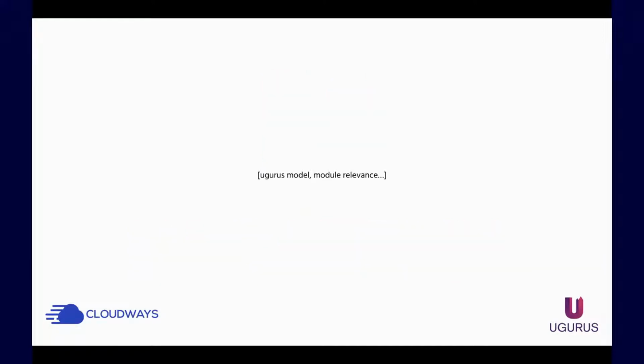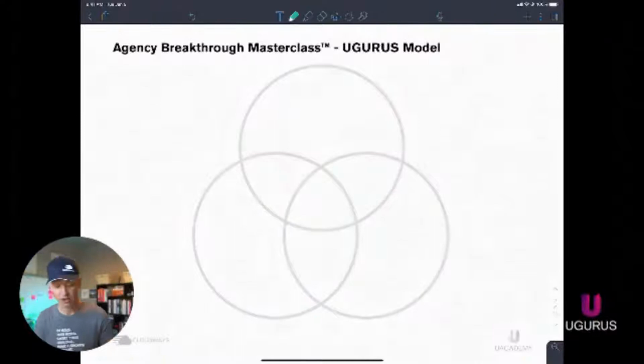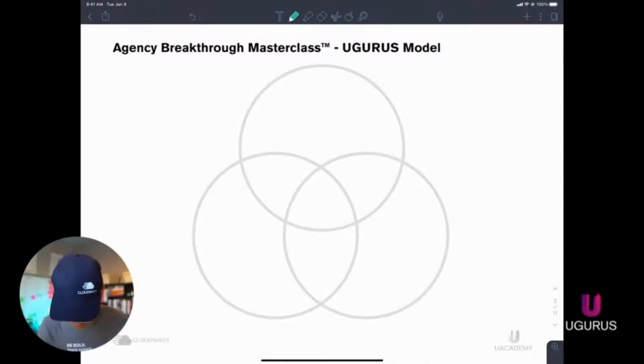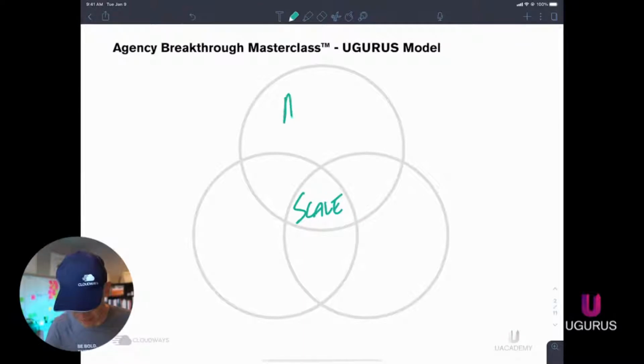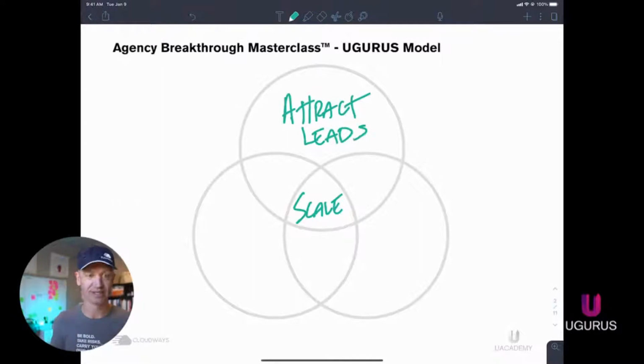All right, so let's talk about where this fits into your business. When we think about your agency and trying to grow and scale it, that's what we want to ultimately do for your business. The first part of that is we need to help you attract more leads into your business.